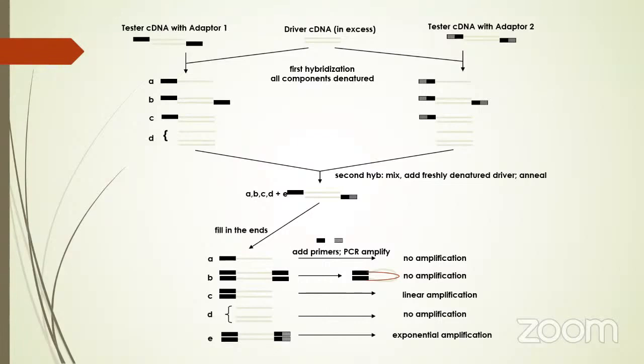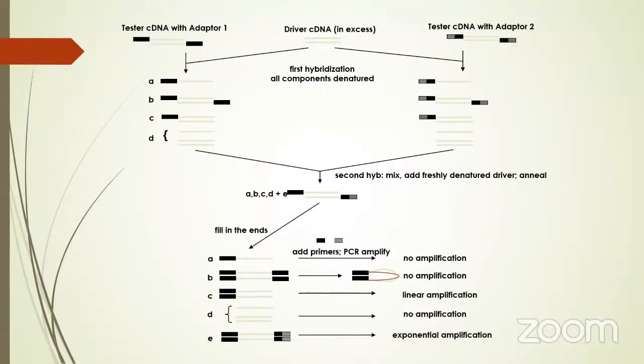First you isolate the mRNA of both samples, control and treatment, and convert it into cDNA using reverse transcriptase PCR. The tester cDNA, tester meaning your treated sample, is then digested with a restriction enzyme to generate blunt ends, and the tester cDNA is divided into two parts.